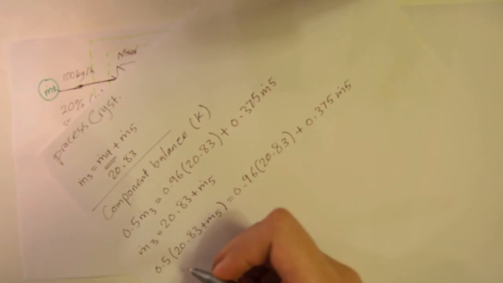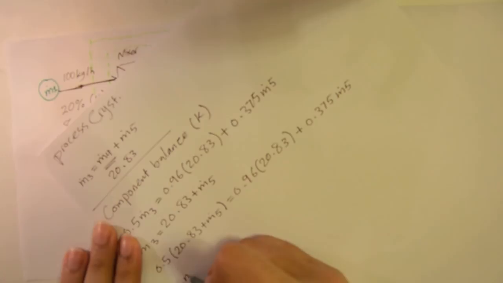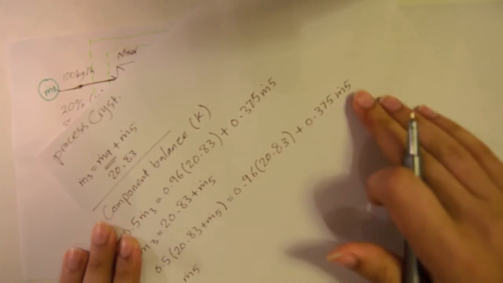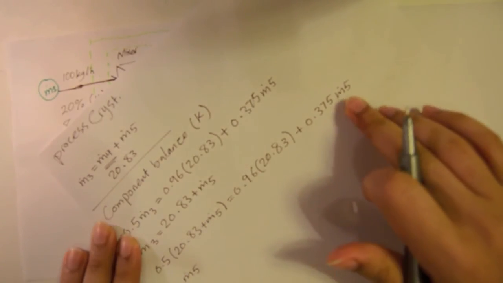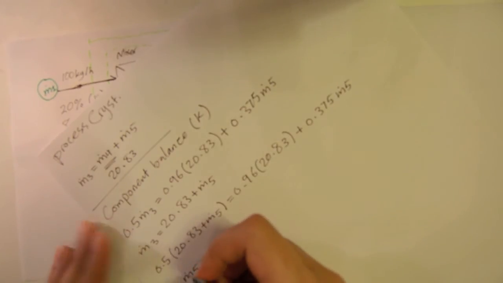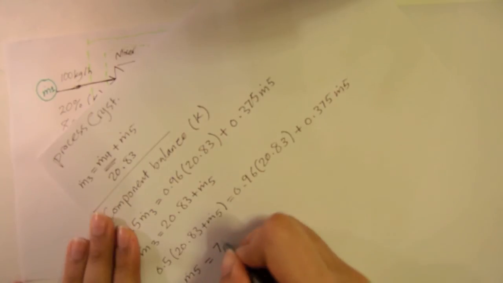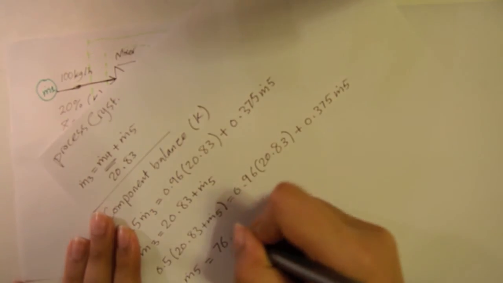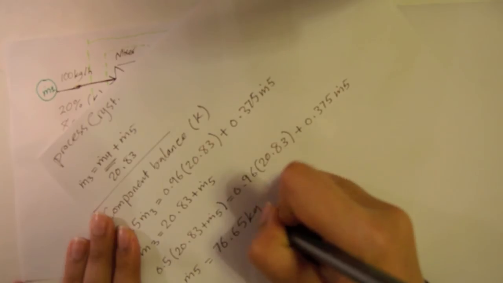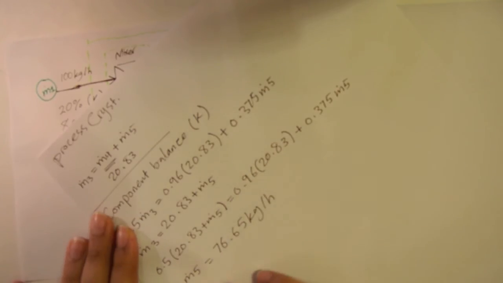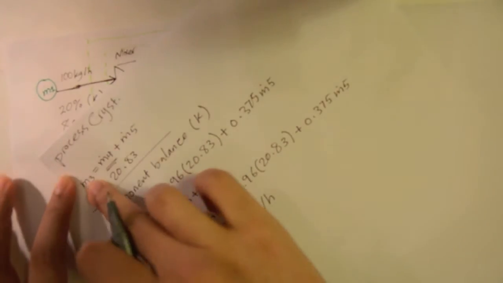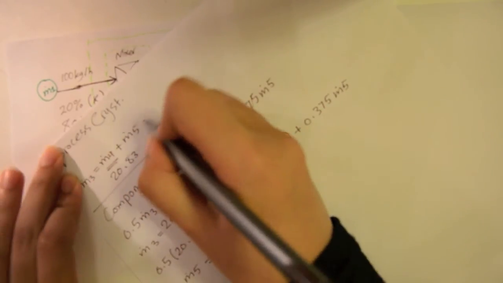Solving for M5, of course, the only unknown in this equation is M5, so we can calculate the value of M5. It will give us 76.65 kilogram per hour.